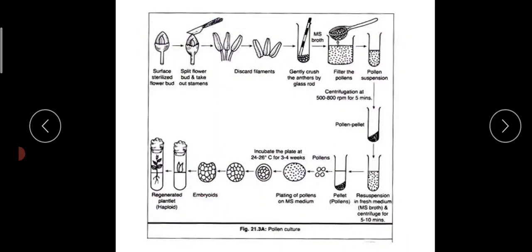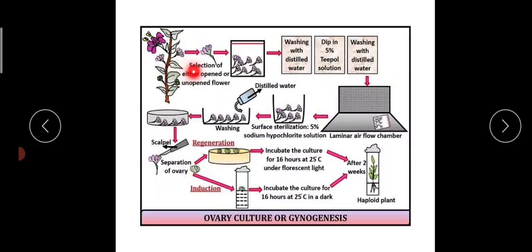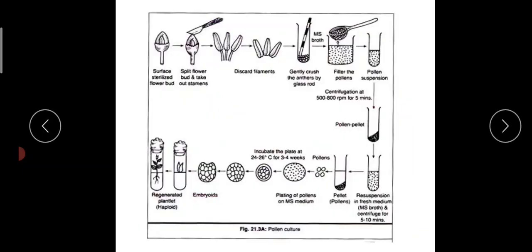Coming particularly to pollen culture, we have a sterile flower bud which we have selected from these processes. The flower bud is selected, and all these processes are common: washed with distilled water, detergent, and again washed with distilled water, and then cut from the filaments.